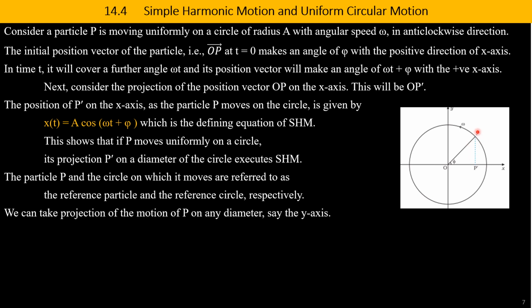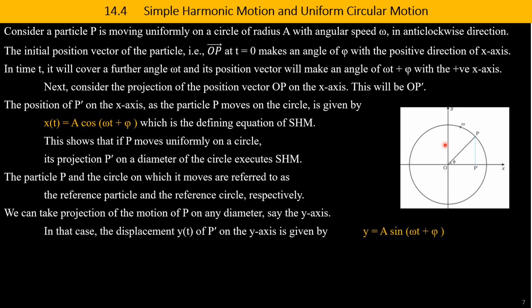In this case we have taken the projection of P on the x-axis. Similarly, we can take the projection of P on the y-axis. In that case, y of t, that is y as a function of t of P dash on the y-axis, is given by the relationship y is equal to a sin omega t plus phi.